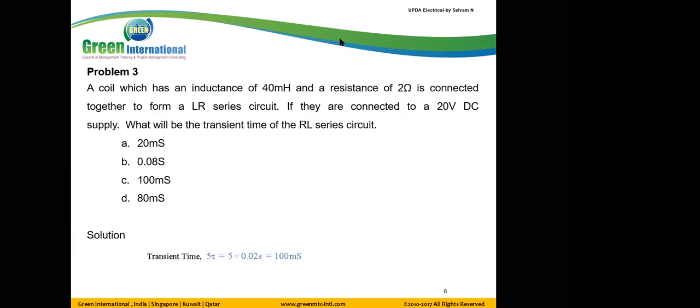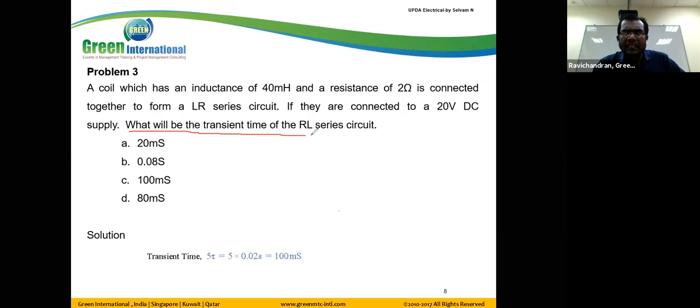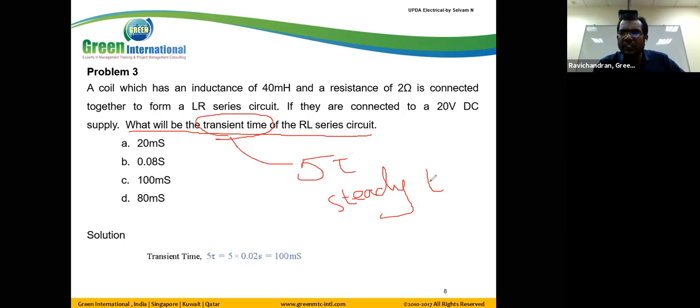So next question. Now they ask what will be the transient time of the RL circuit. Transient time or steady state are all equal. Steady state means t is equal to infinity. Transient time is t is equal to 5 tau.